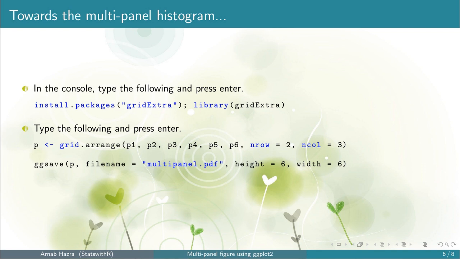Next, we use the function grid.arrange to bind the ggplots. Note that the plots are arranged row-wise. Thus, in the first row, P1, P2, P3 will be plotted, and the second row will contain P4, P5 and P6. We store the combined ggplot into P.